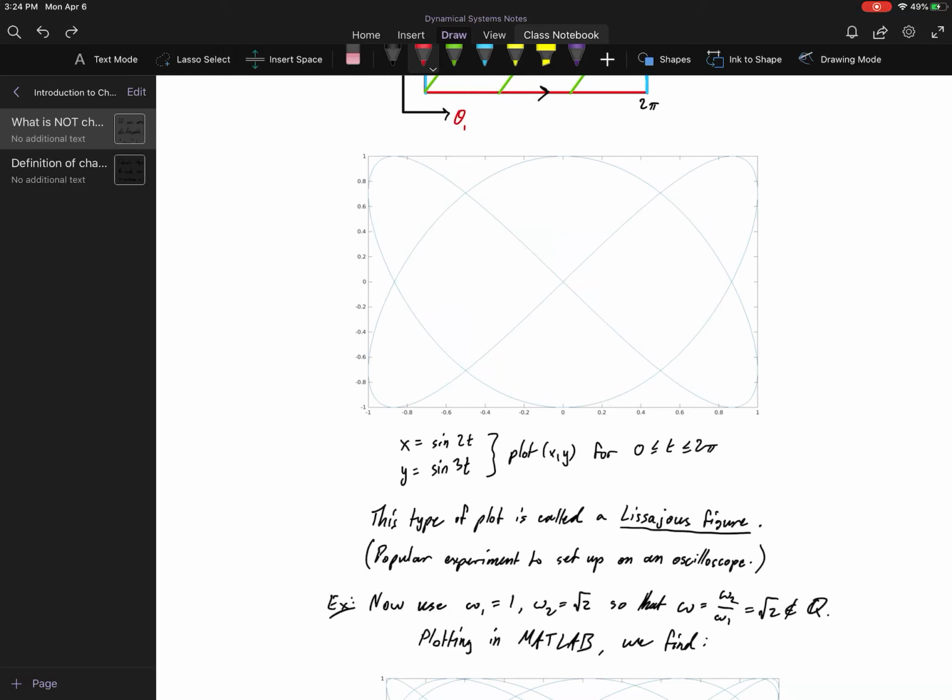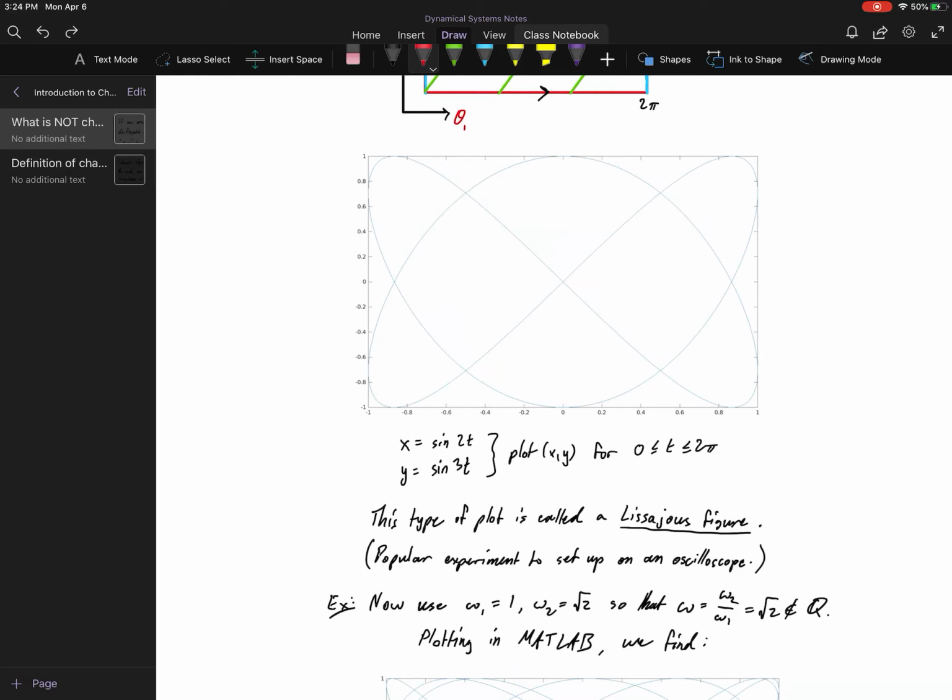Notice this is not happening on the cell complex, so don't confuse these figures with the dynamics that are actually occurring on the torus. But this particular figure is something called a Lissajous figure. Lissajous figures were really popular examples in electrical circuitry.